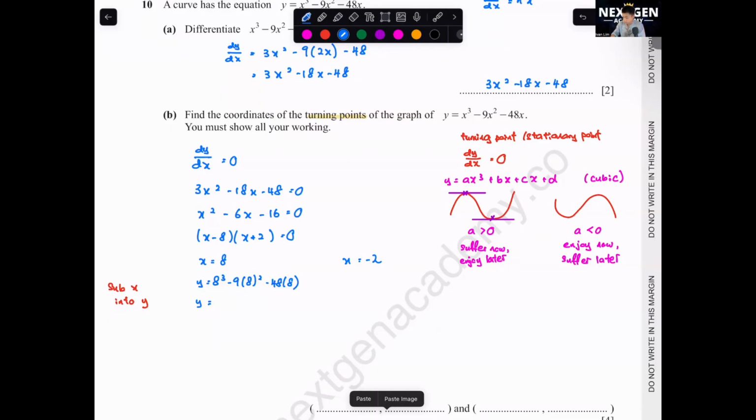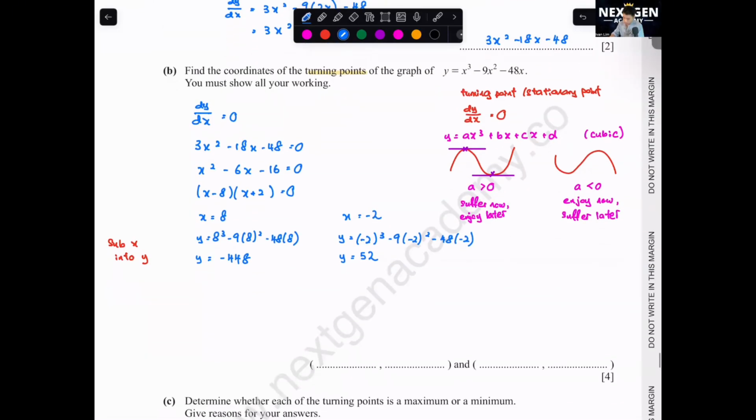For this, y equals negative 2 cubed minus 9 times negative 2 squared minus 48 times negative 2. y will equal 52. So our final answers will be (8, minus 448) and (minus 2, 52).